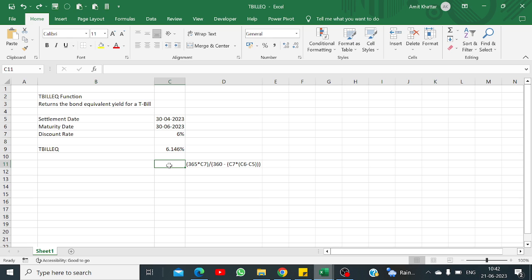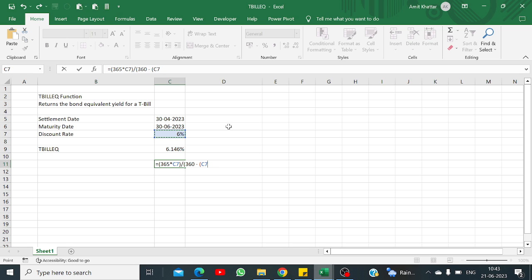Now, if I have to compute this manually, I'll use the formula: 365 multiplied with discount rate divided by 360 minus, what's my discount rate, which is 6%, multiplied with the differential of maturity date minus settlement date.